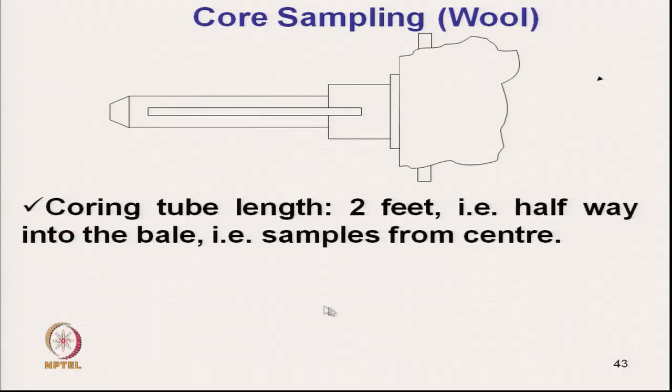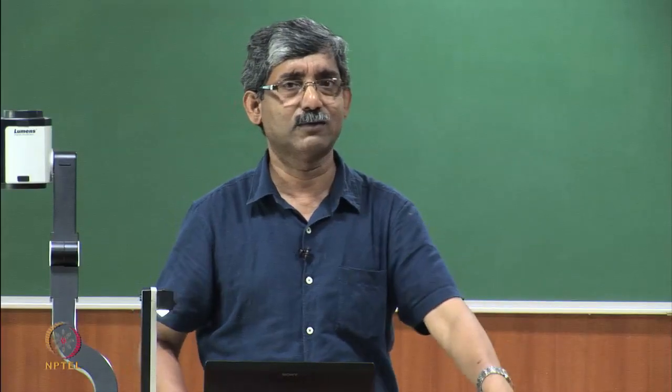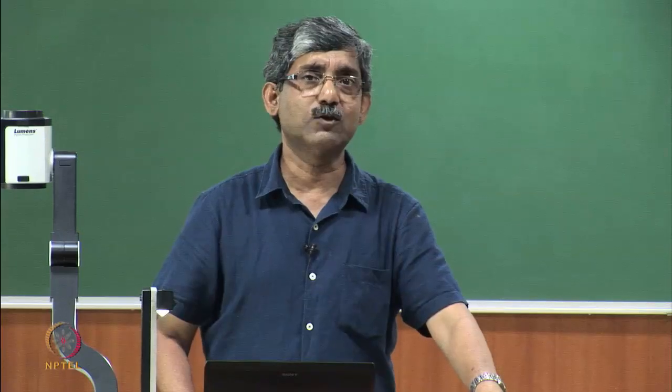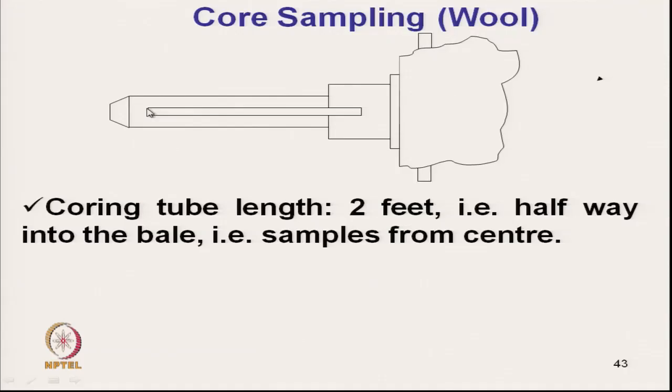Now, the coring tube length is approximately 2 feet. If we see a wool fiber bale, it is typically 4 feet in total height. So, 2 feet is enough because when it penetrates, it reaches halfway into the bale, that is, we can take a sample from the center.